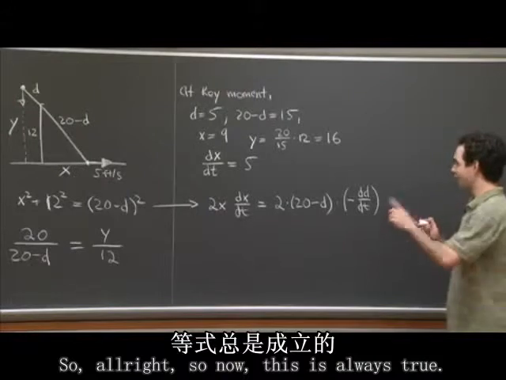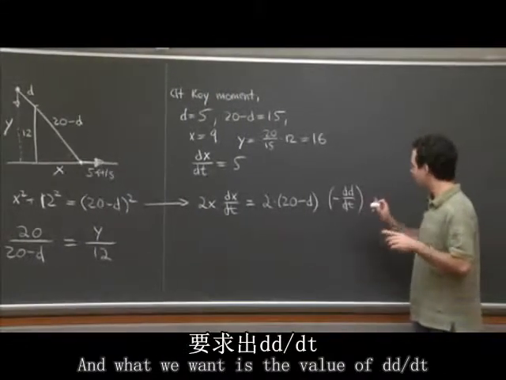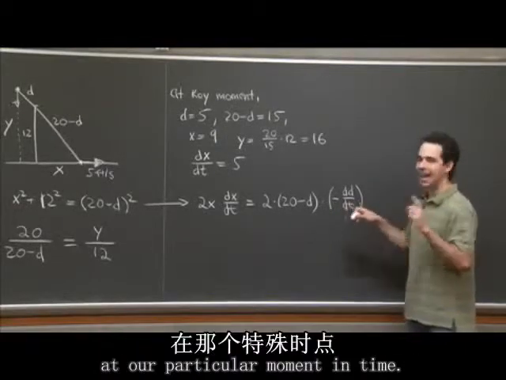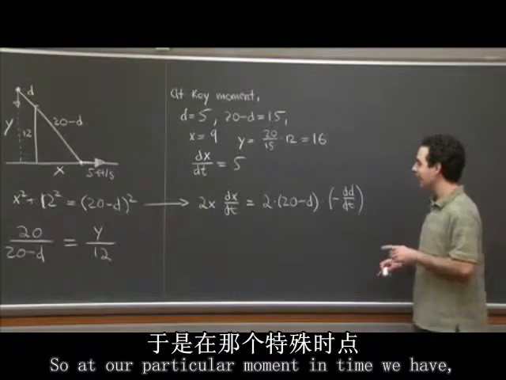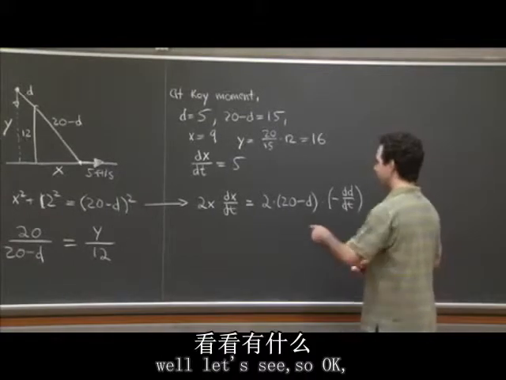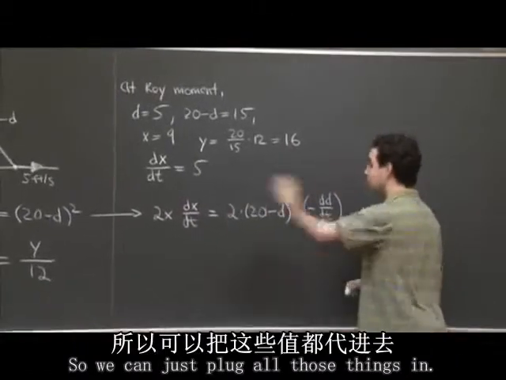So this is always true, and what we want is the value of dd/dt at our particular moment in time. At our particular moment, we have x, we have dx/dt, and we have d. So we can just plug all those things in.